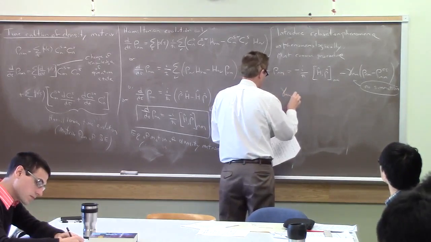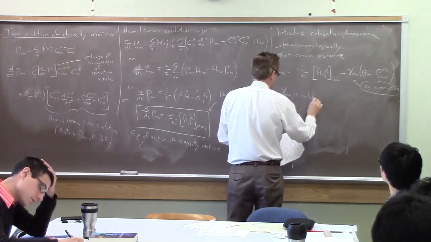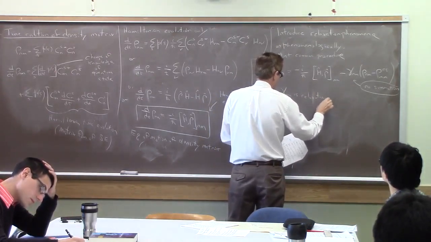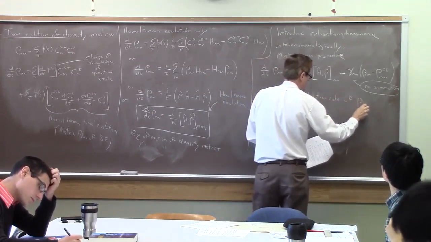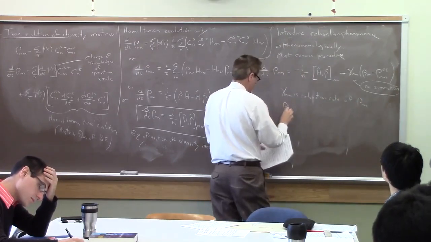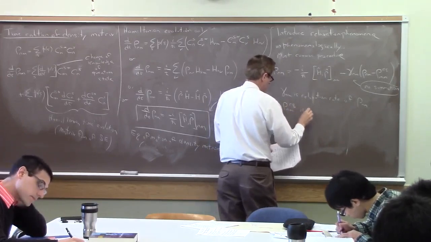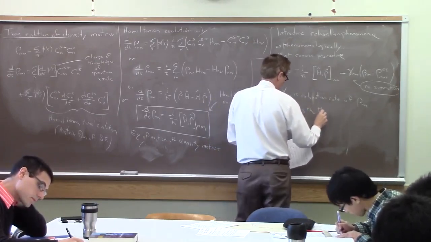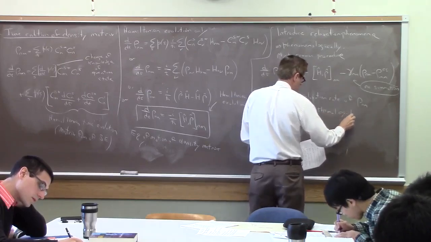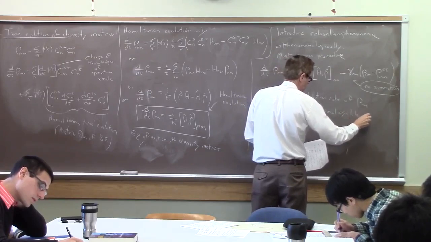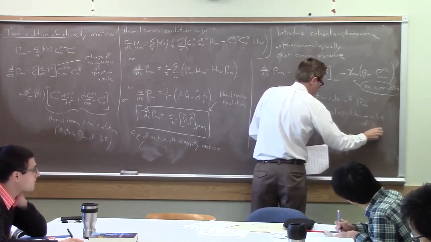So gamma nm is the relaxation rate of rho nm. Rho nm equilibrium is the thermal equilibrium value of rho nm.